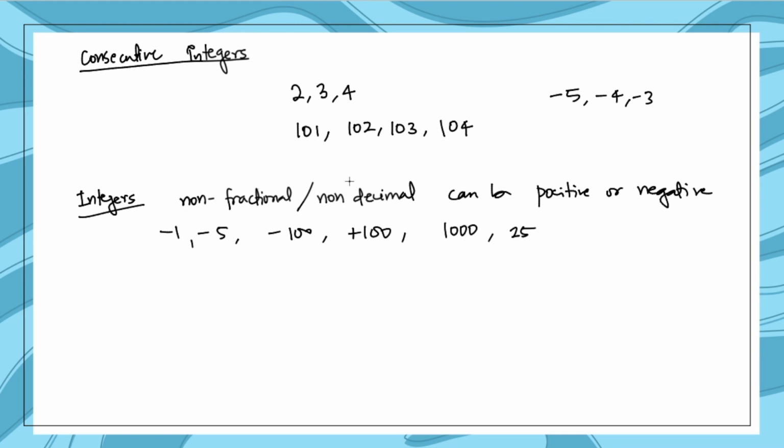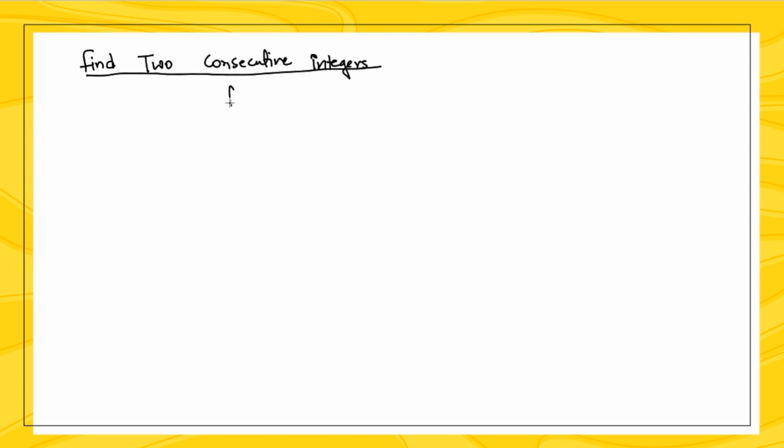Now whenever they ask you to find consecutive integers, what do we have to do? If they ask to find two consecutive integers, you have to consider the first integer as x and the second integer as x plus 1.